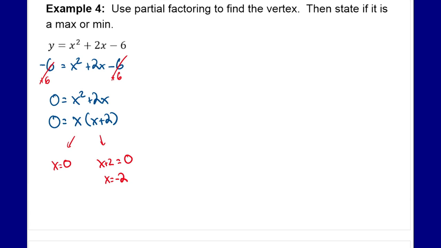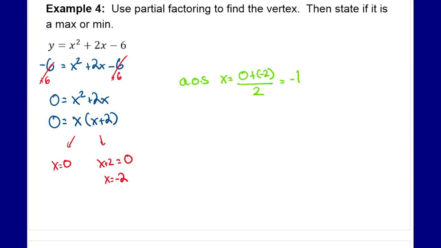They're not the actual x-intercepts, but they are on either side of my axis of symmetry. So I can find the axis of symmetry, which would be x equals 0 plus -2 divided by 2, which gives me -1. That tells me that's the axis of symmetry, or the x value of my vertex.